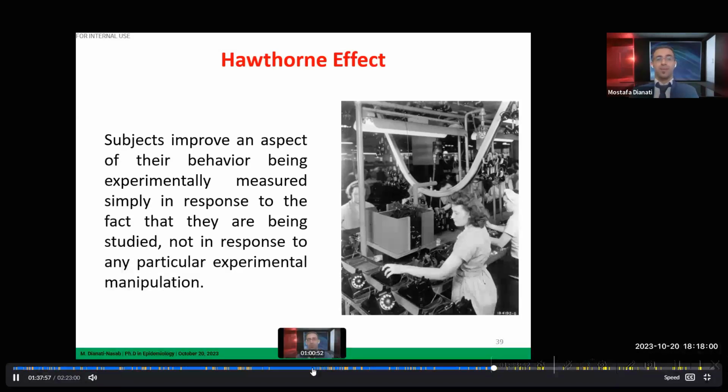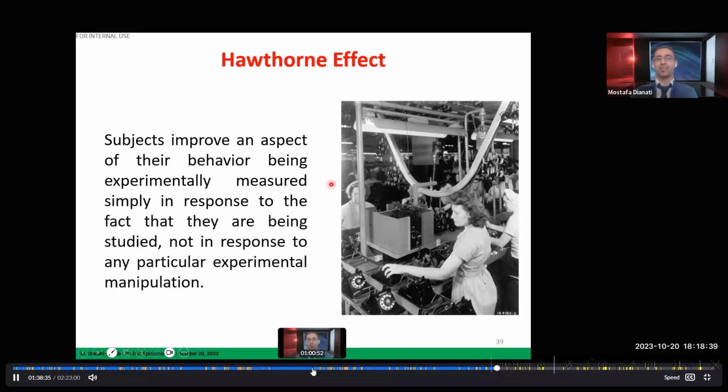Hawthorne effect, we also have something here, and this is really interesting in interventional studies. It says subjects improve an aspect of their behavior just because of being in this kind of study, because they are going to follow some particular experimental manipulations, and then both groups, both the interventional group and placebo group, are following some protocols, and it's highly likely that they can change one aspect of their life.